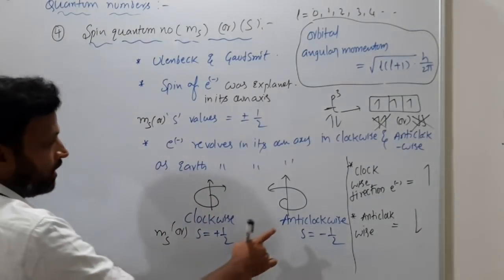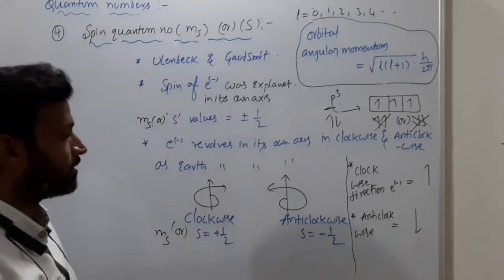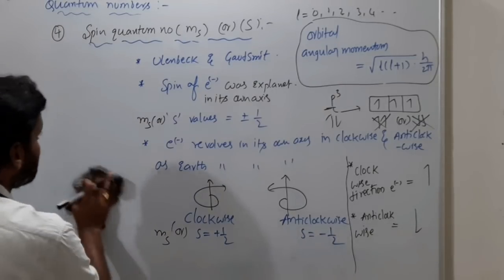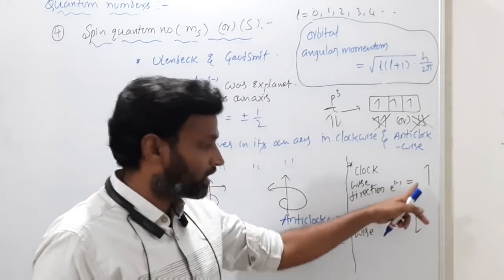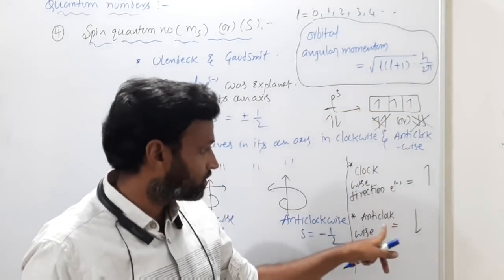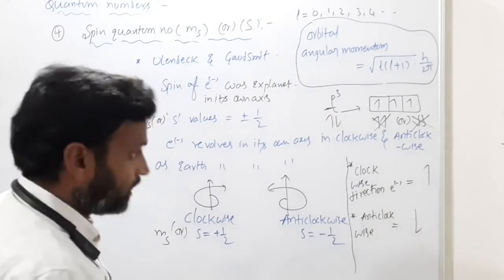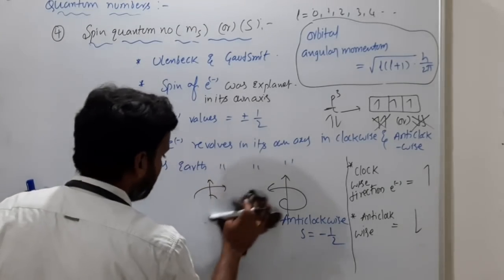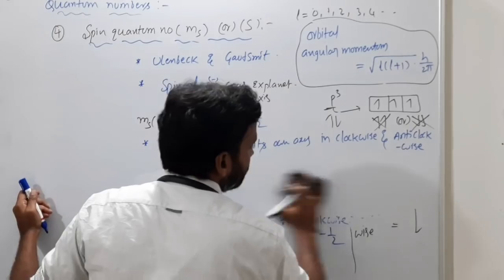Plus half. If the electron revolves anti-clockwise? Minus half. An electron revolving clockwise is represented upwards, and anti-clockwise is represented downwards. So this is about the spin quantum number, very important for us.